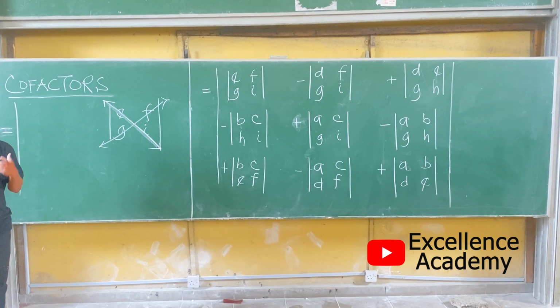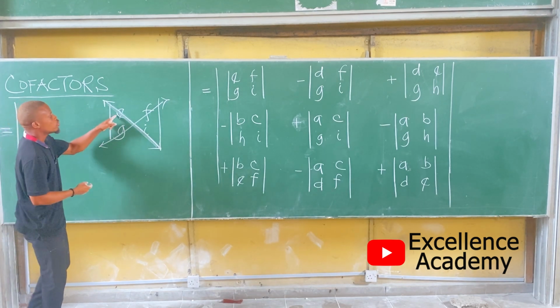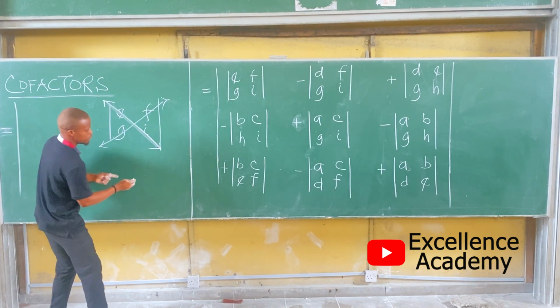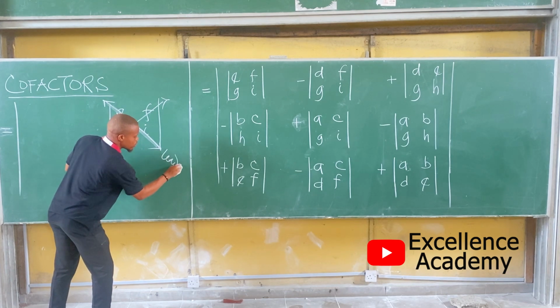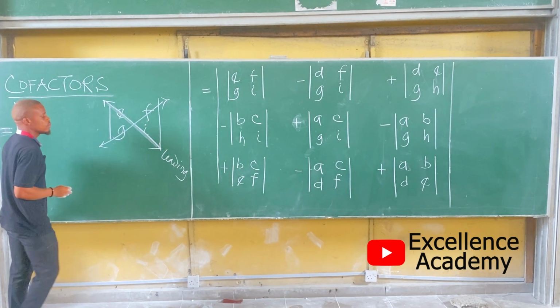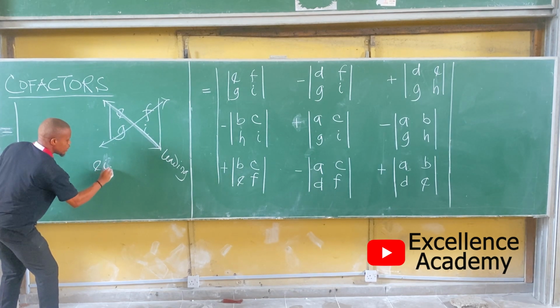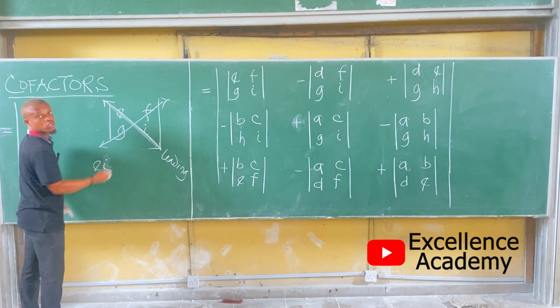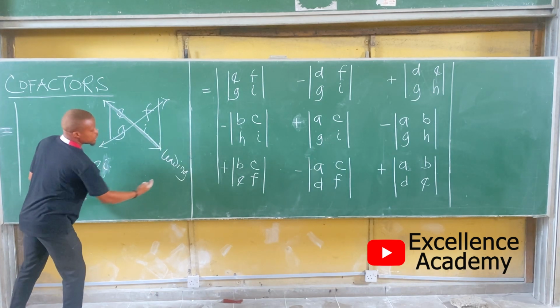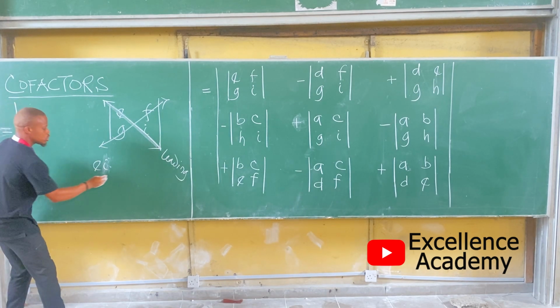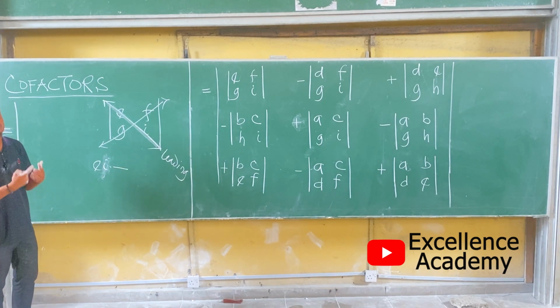What is product? Multiplication. So the product of your leading diagonal becomes what? EI. E times I gives you what? The product of your leading diagonal minus the product of your second diagonal.